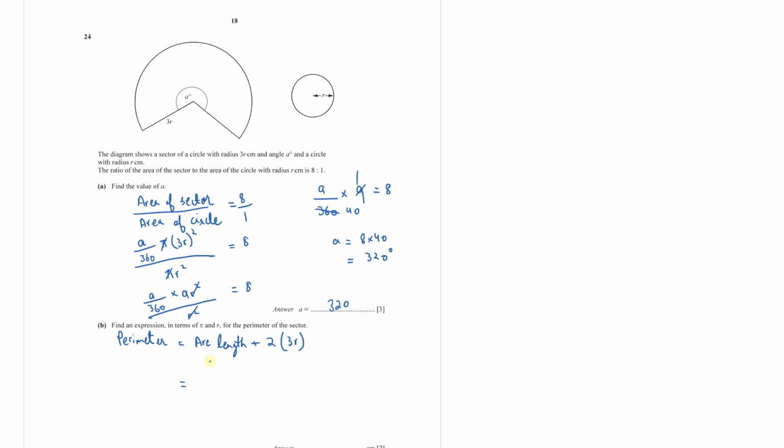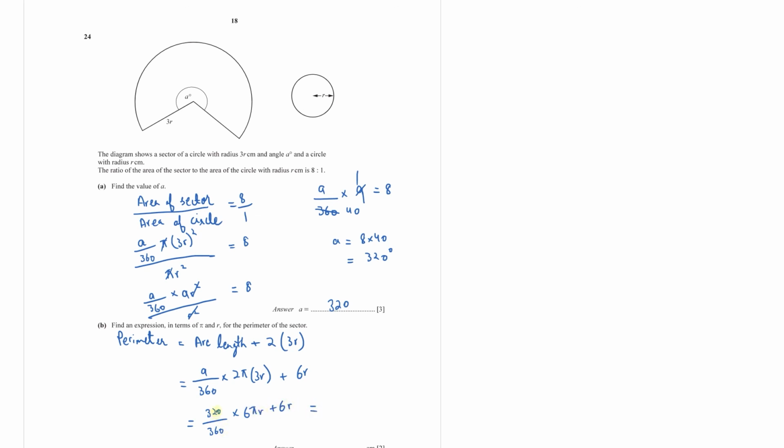So arc length would be equal to a by 360 into 2 pi r, where the radius is 3r, plus 6r. Since a we know is 320, we can write it as 320 divided by 360. If we multiply here, we get 3 times 2, 6 pi r plus 6r.